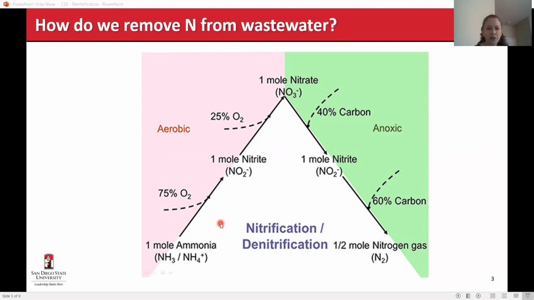Because recall that COD, the carbonaceous oxygen demand, is satisfied first. And so we pretty much consume most of the carbon during that process.